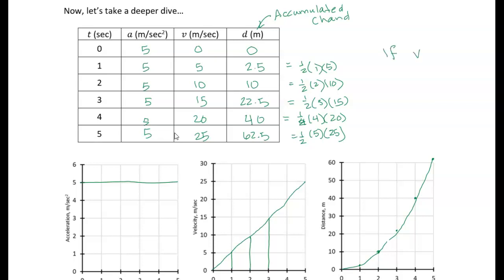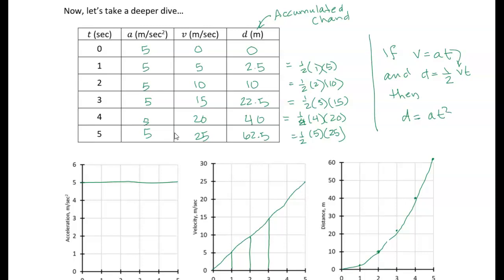So if the velocity is equal to acceleration times time, and the distance is equal to 1/2 base times height, so t times v, or v times t, that's what we get from the triangle. If we put those together, I'm just going to substitute at for v. So I'm going to get 1/2 at squared.